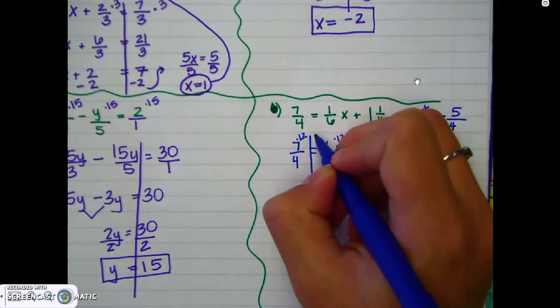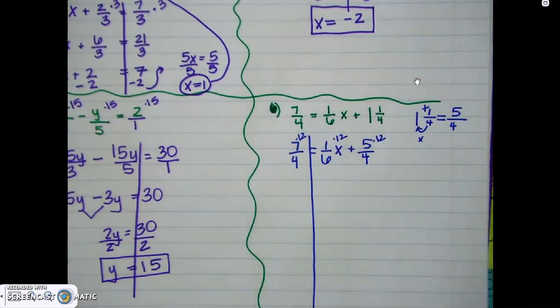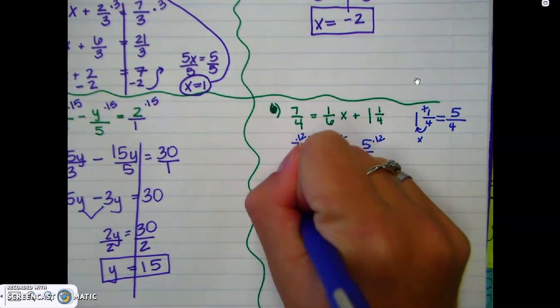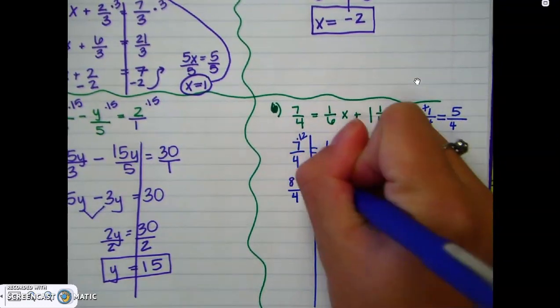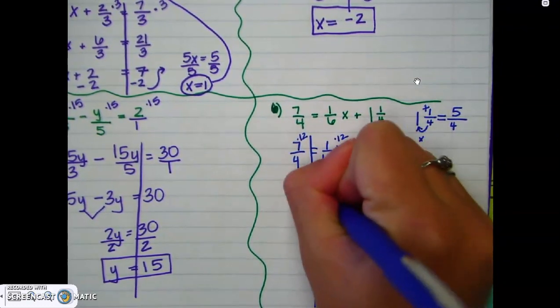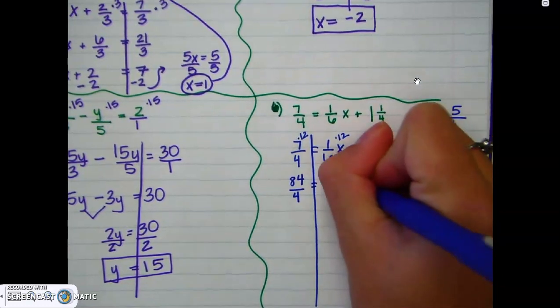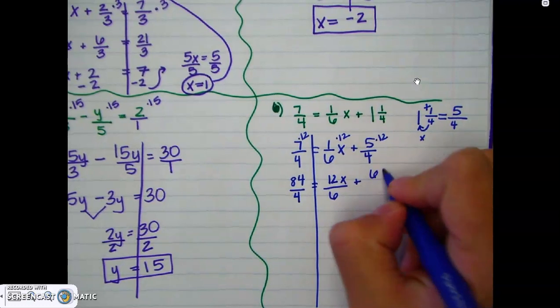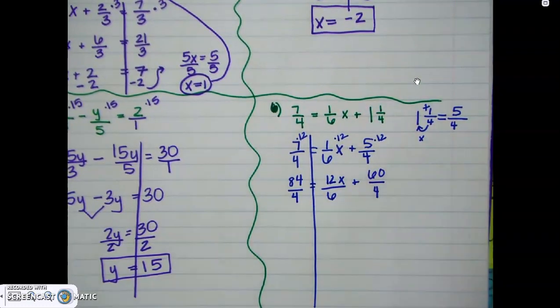So 7 times 12 is 84, so I have 84 over 4 is equal to 12x over 6, and 5 times 12 is 60, 60 over 4.